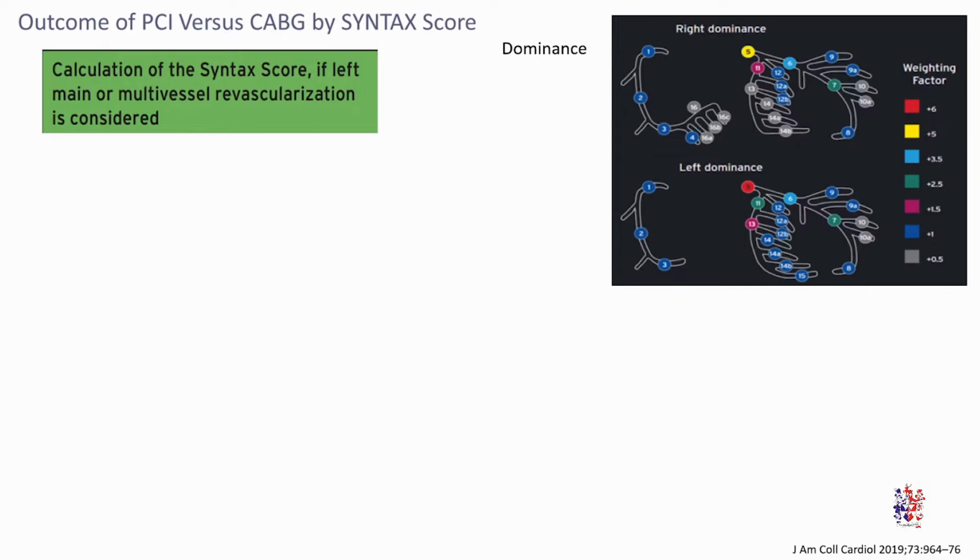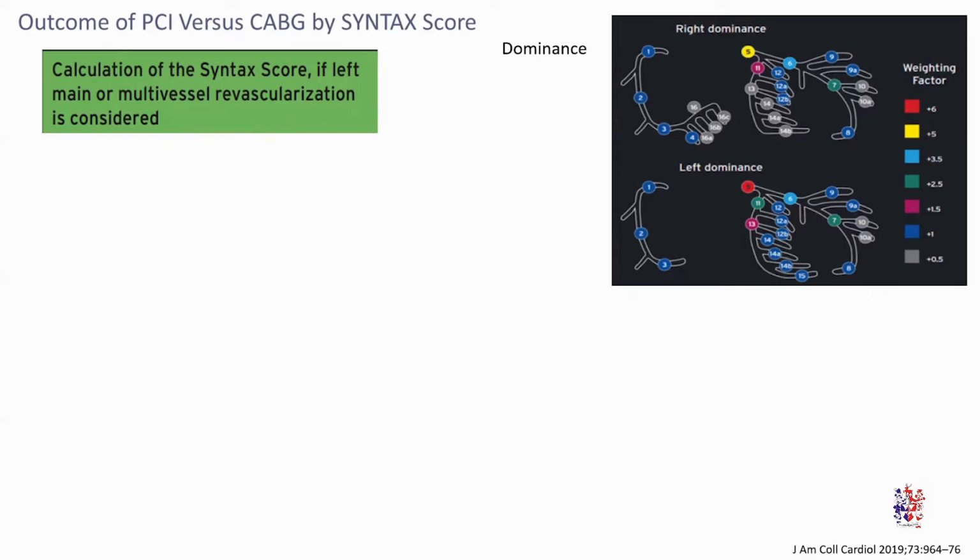The SYNTAX score is a very important score that is used commonly, and this is in the area of the greatest controversy: patients with left main coronary artery disease or multi-vessel coronary artery disease. The SYNTAX score was prospectively used in the SYNTAX study and graded anatomical severity.